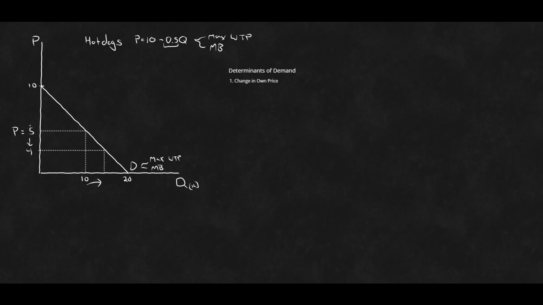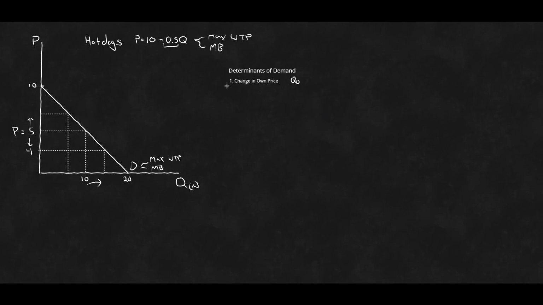If we went the other way, if price went up, same demand curve, we just get a lower quantity demanded. So change in own price does not change the demand curve, it changes our quantities demanded. And that's the first important distinction to be clear about.